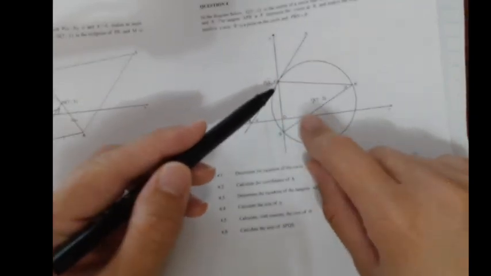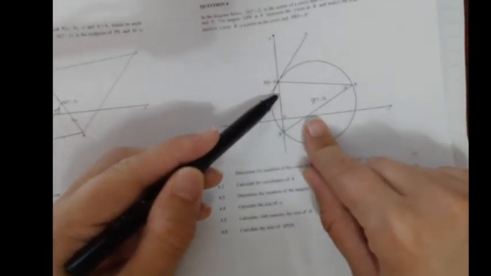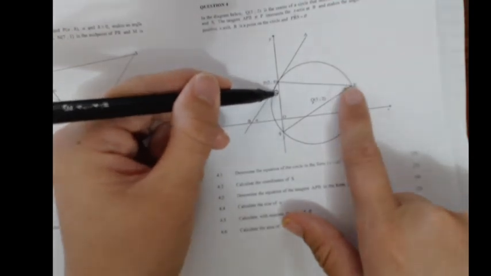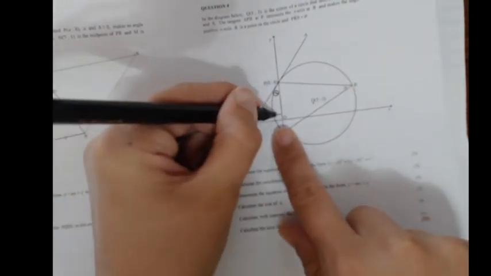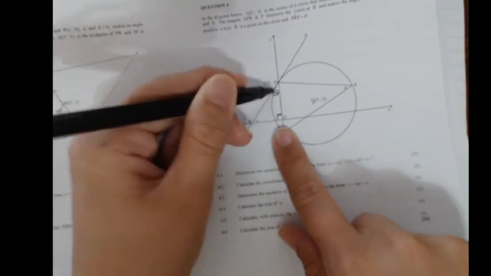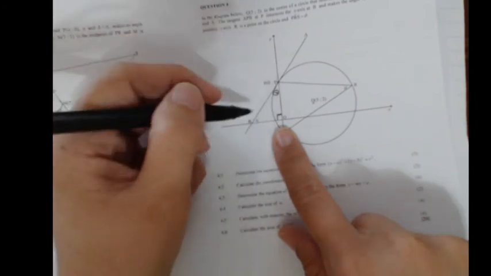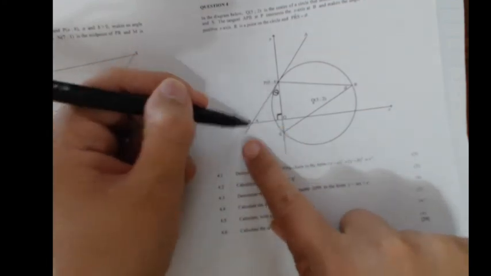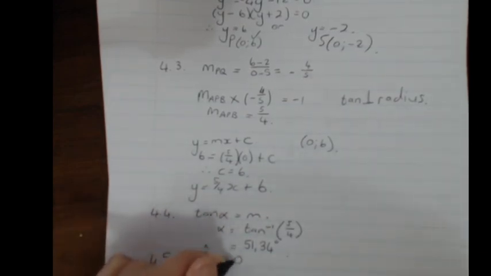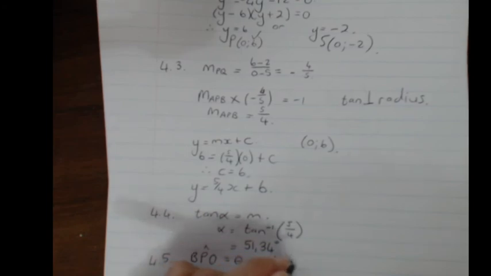The tan chord theorem says that the angle between a tangent and a chord is equal to the angle on that chord. So this theta is actually also equal to this one. These two are equal because of the tan chord theorem. This is the x-axis, which has a 90 degree angle. I have alpha, and that can produce theta for me there. Angle BPO is equal to theta because of the tan chord theorem.